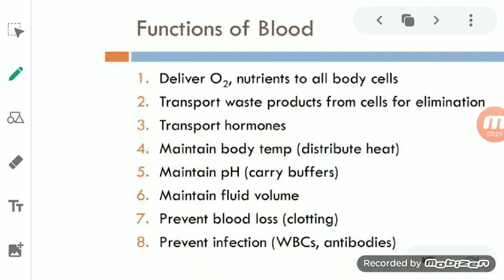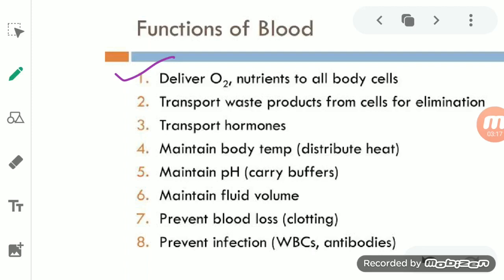The first function is that it delivers oxygen and nutrients to all the body cells. You know students that the arteries carry the oxygenated blood, which means blood containing oxygen.